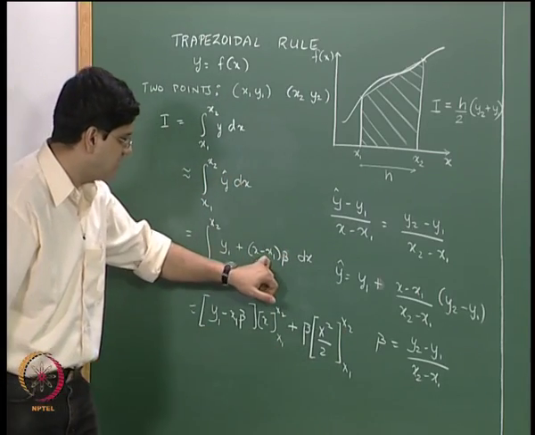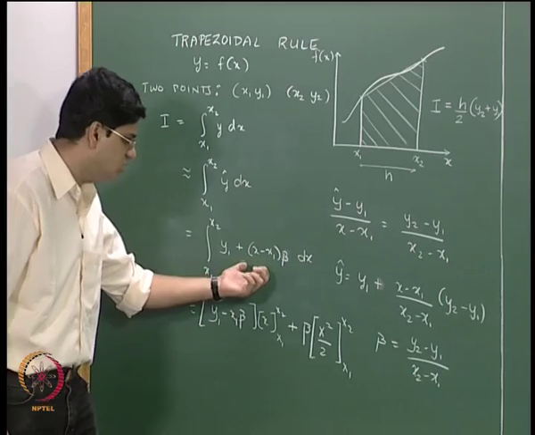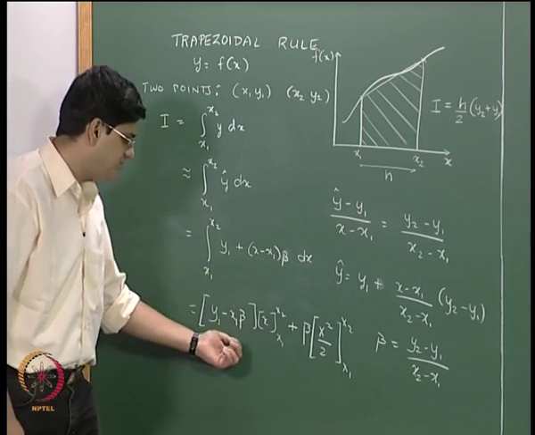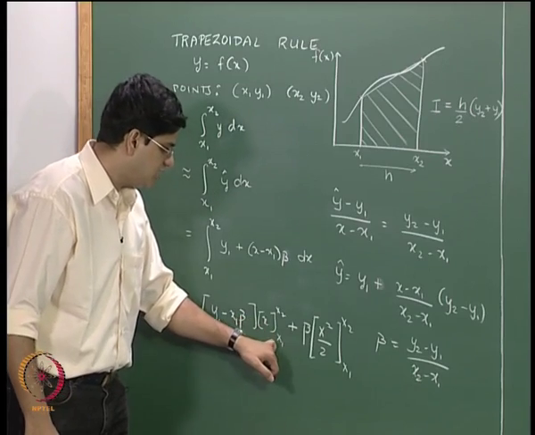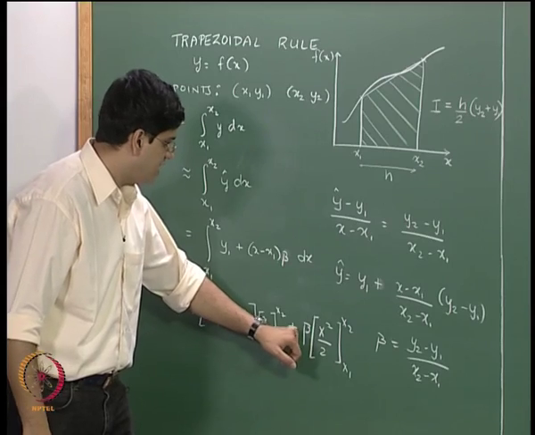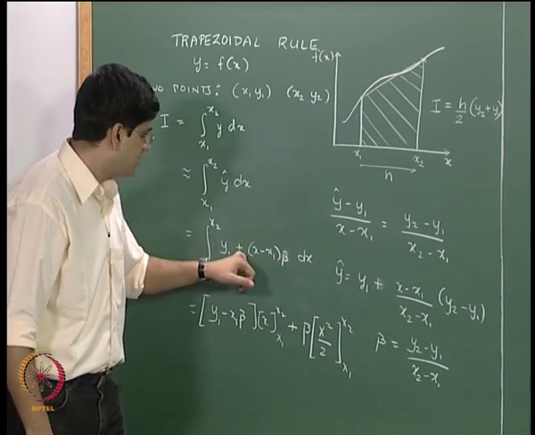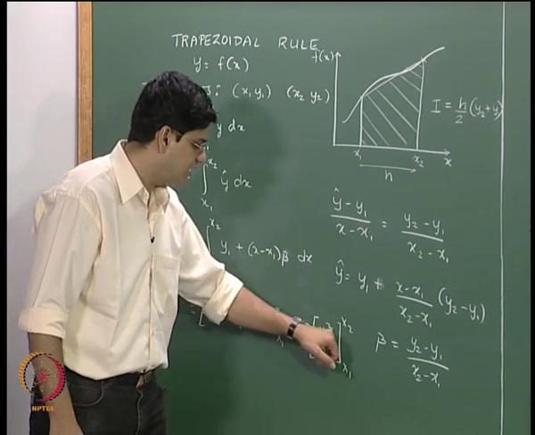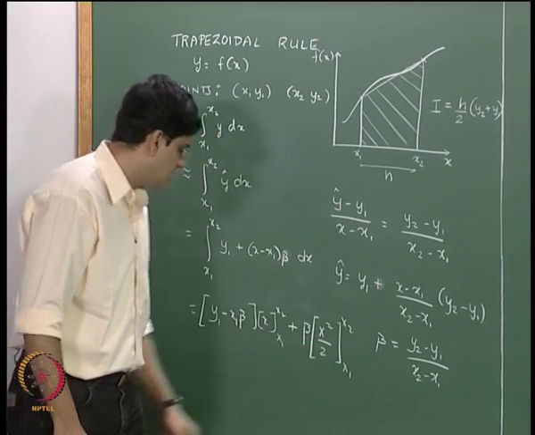Okay, so (y1 minus x1 beta) is a constant, the integral of (y1 minus x1 beta) dx is (y1 minus x1 beta) multiplied by x. The limits of integration are from x1 to x2, and likewise here we have beta multiplied by x, this term when we integrate that is going to be beta x square divided by 2 going from x1 to x2.